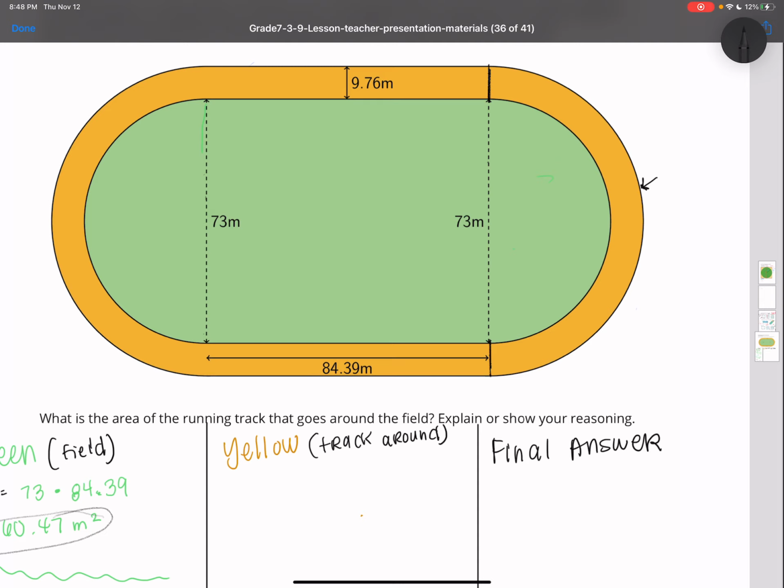Now notice that whenever you extend, if this is 9 and 76 hundredths, this would be 9 and 76 hundredths, and this would be 9 and 76 hundredths.